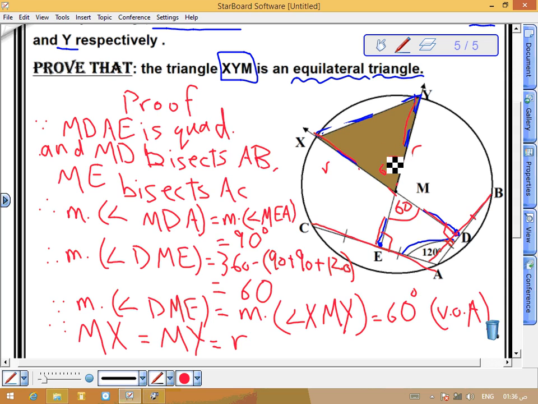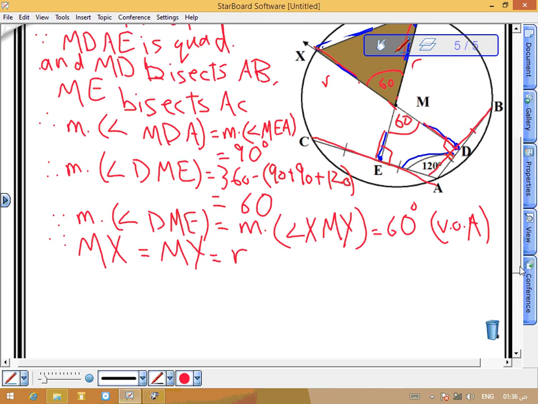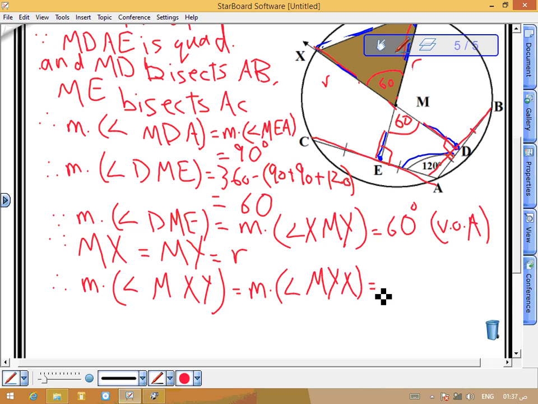By a simple calculation we will get that measure angle MXY equals measure angle MYX equals 180 minus 60 over 2 equals 60 degree.